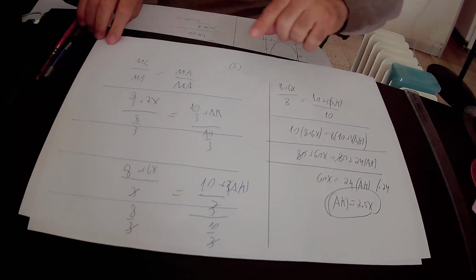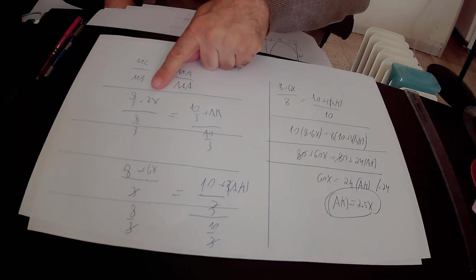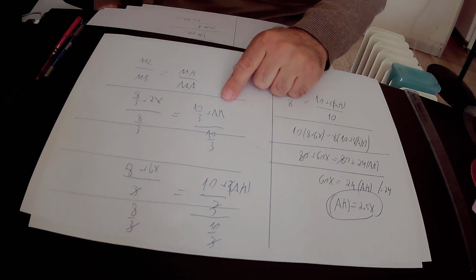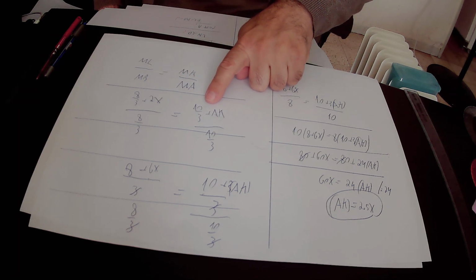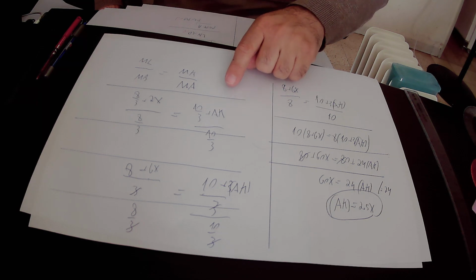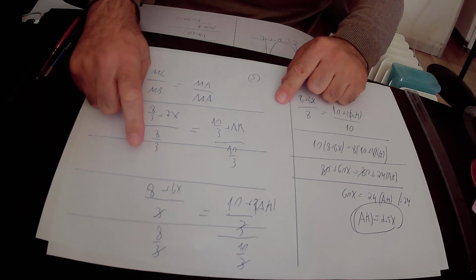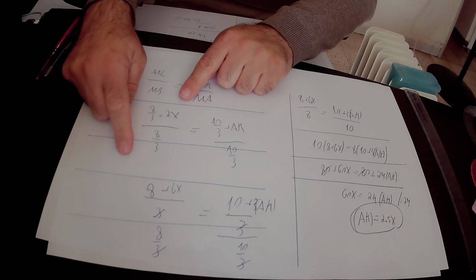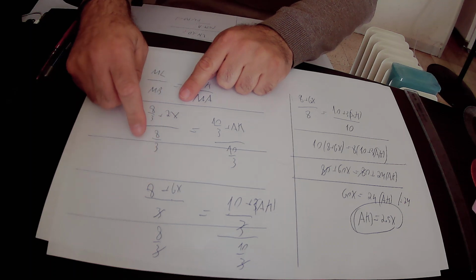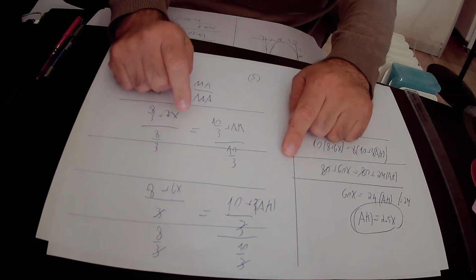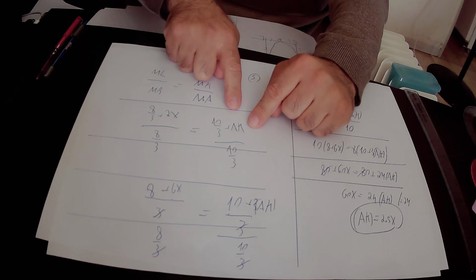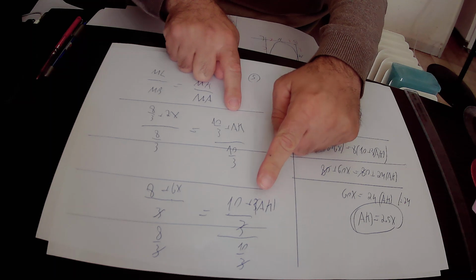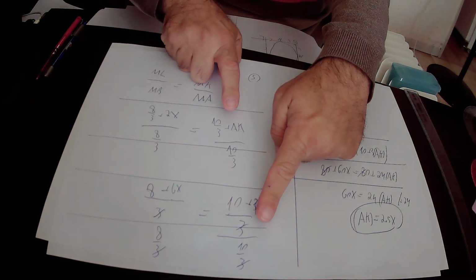Then we multiplied 2x by 3 and divided by 3, and we multiplied AK by 3 and divided by 3, in order to have a common factor of 10 over 3. So here, 2x times 3 is 6x, over 3, over 8 over 3, equals 10 over 3 plus 3AK over 3.